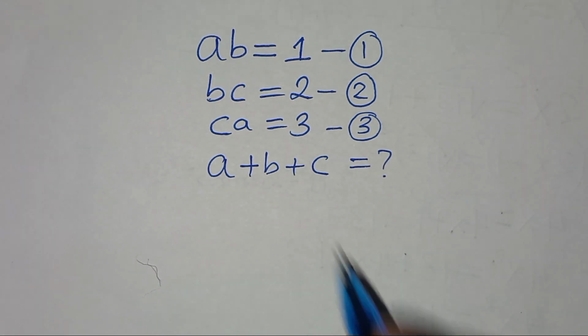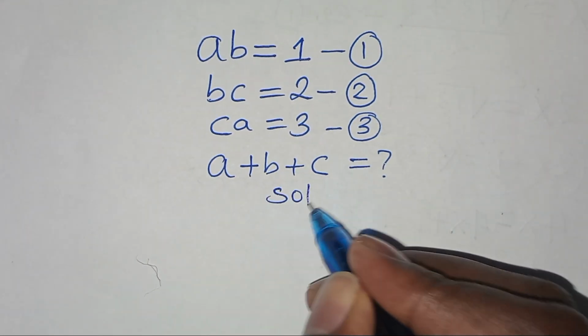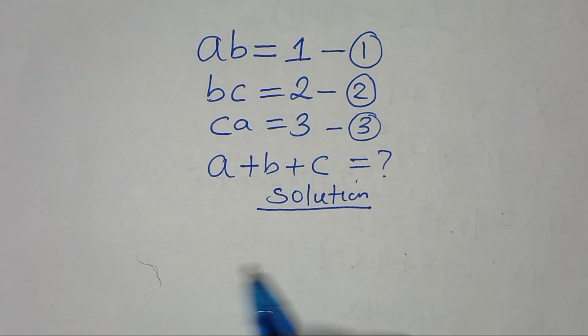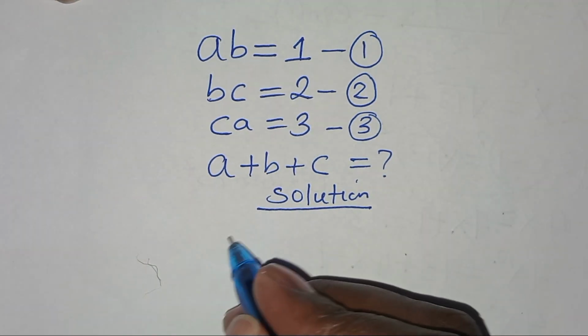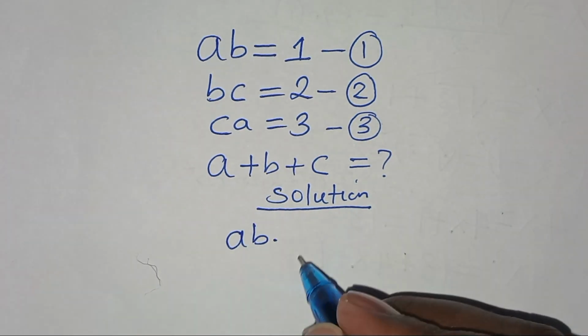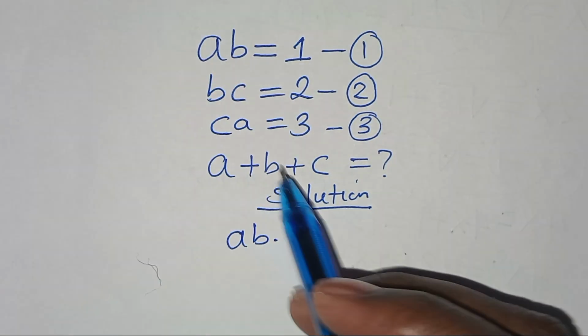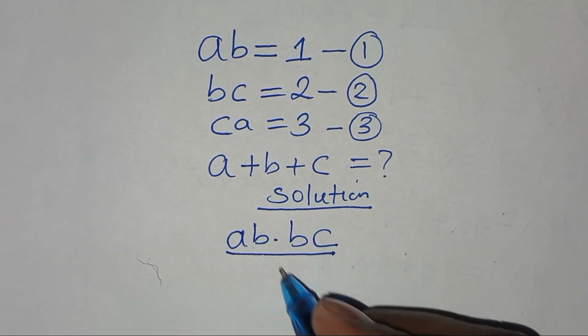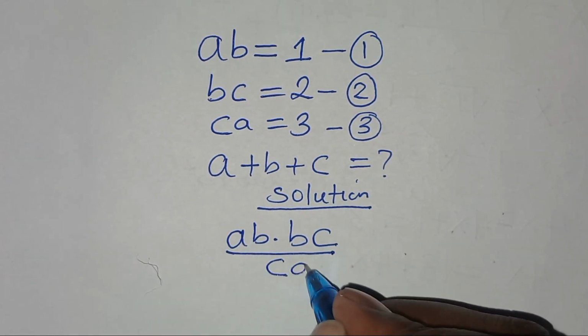Now, solution from here. The first thing to do here, we will have a times b times b times c divided by c times a.